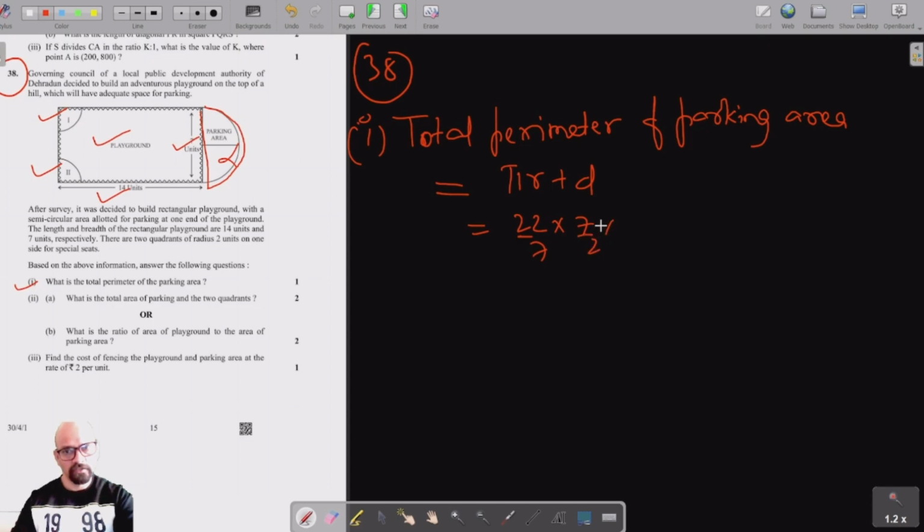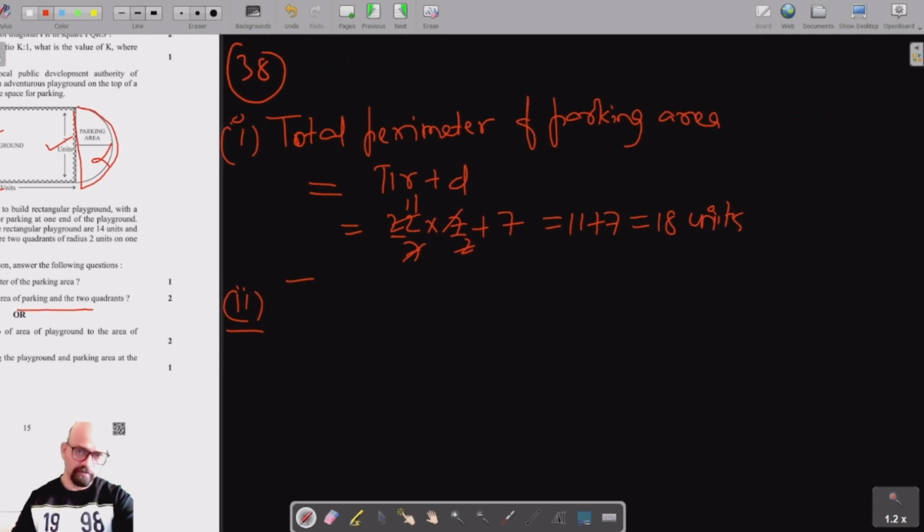Radius is 7 by 2, diameter is 7. And it's not multiply, this is plus, which is 11 plus 7, which is equal to 18 units, the perimeter of the parking area. Now for question number 2, we have to find the total area of parking at two quadrants.